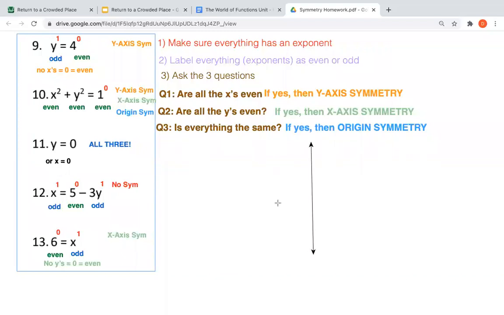So if I had a graph, y equals 0 is just a completely straight line, which I can fold in half wherever I want, and I can also flip it upside down. Same thing with x equals 0. So these are our final answers for the symmetry homework.